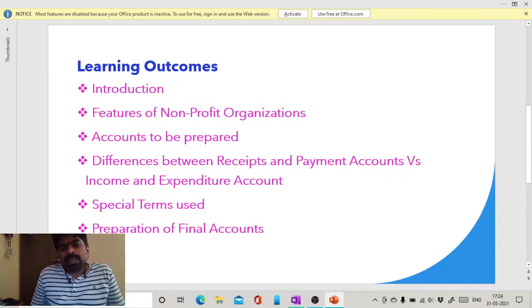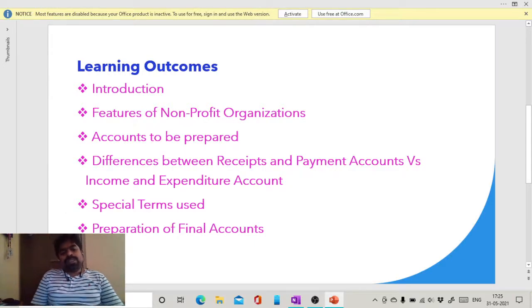Differences between receipts and payments accounts and income and expenditure accounts. What is a receipts and payments account, and what is an income and expenditure account, that we will discuss. But what are the differences between these two accounts, that is also we are going to discuss.